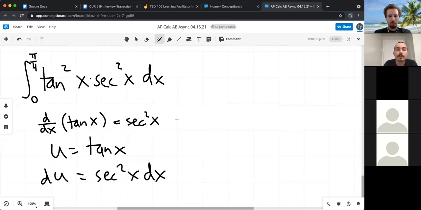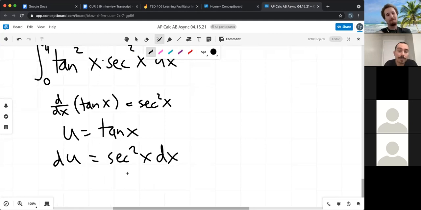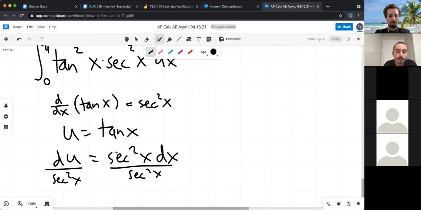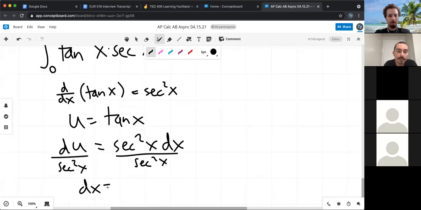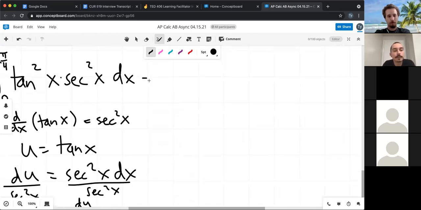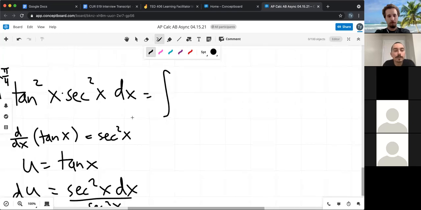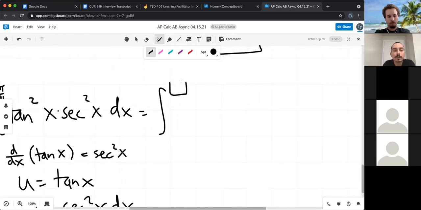Okay. Let's solve for dx. We can do that by dividing both sides by secant squared x, and we get dx is du over secant squared x. So let's plug in u, plug in dx. Since we're plugging stuff in, we don't know what our limits of integration are yet.